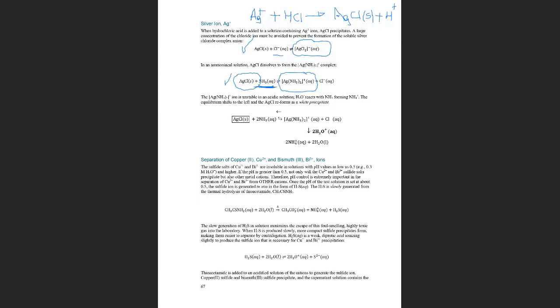When you add ammonia to the test tube, let's say you have the test tube and you have a precipitate, and you add ammonia, all the white that was here disappears, and you end up with a clear solution.